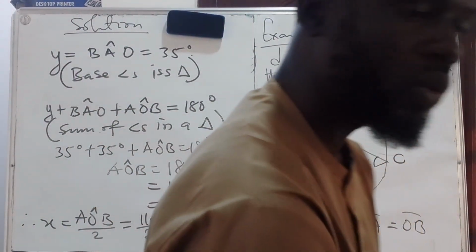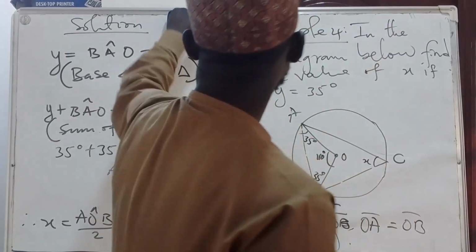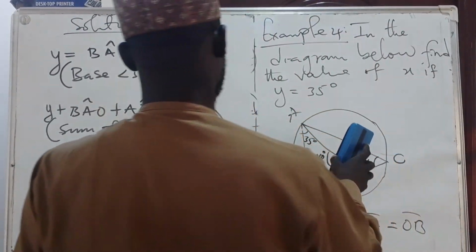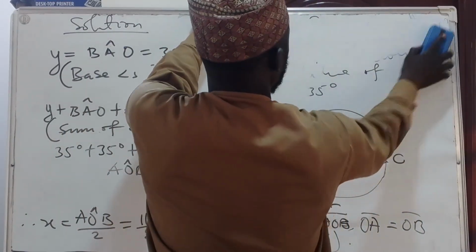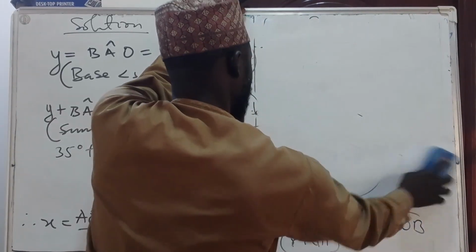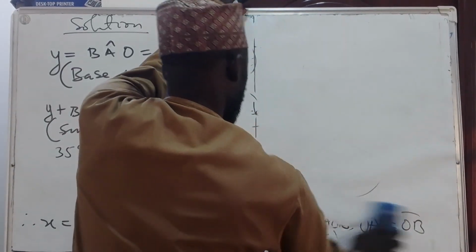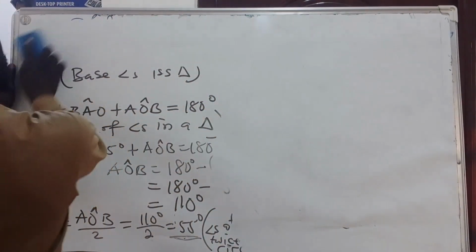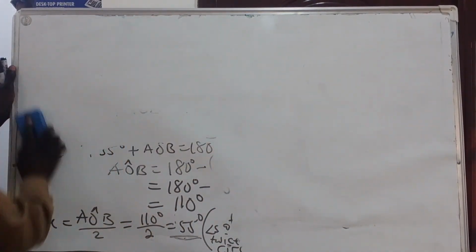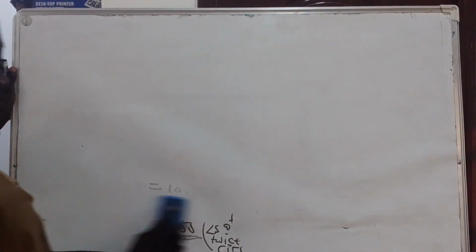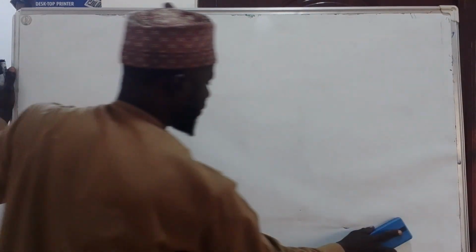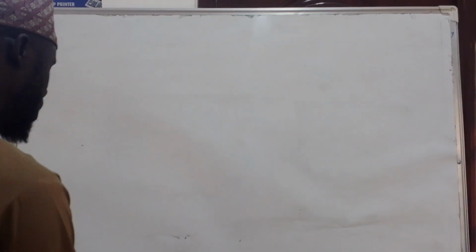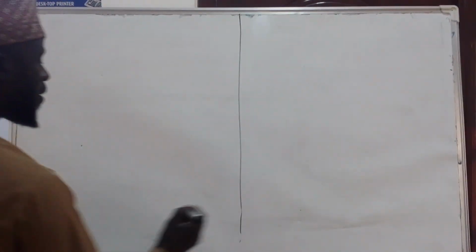So I think now we should look at another consequence of this theorem. It's also a corollary of the main theorem, and the main theorem is angle at center twice angle at circumference.